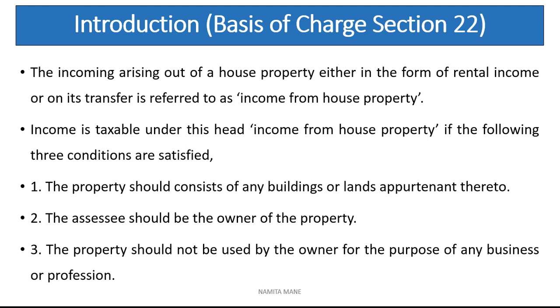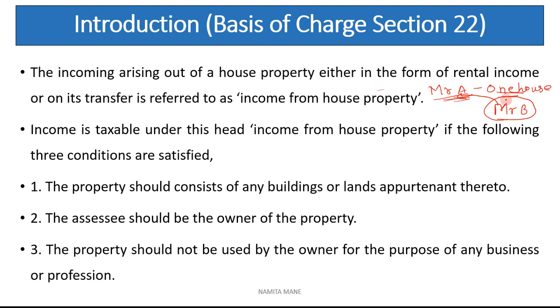For example, suppose Mr. A has one house. This house he has given on rent to Mr. B. So whatever money Mr. B pays to Mr. A in the form of rent will be considered as income from house property for Mr. A. A is the owner of the house and B is using that house.